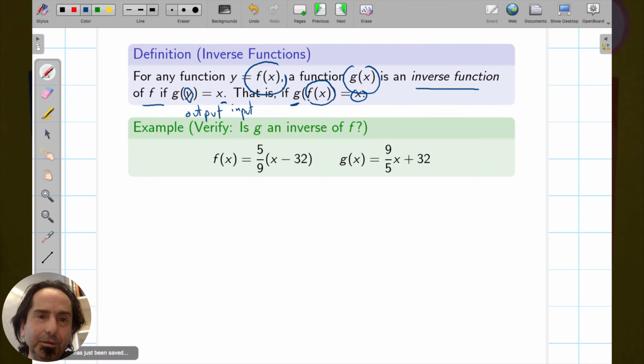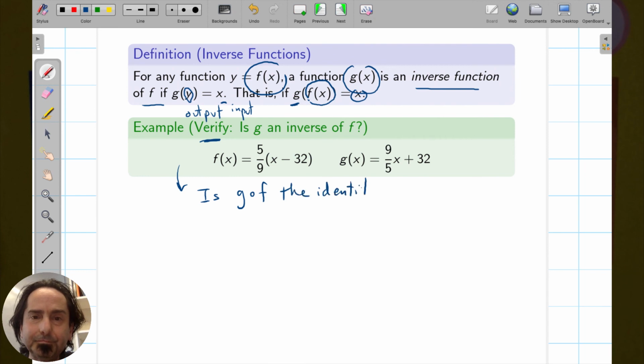We want to verify, is g an inverse of f? What we're really asking is, is g composed with f the identity function? So is g composed with f of x equal to x?